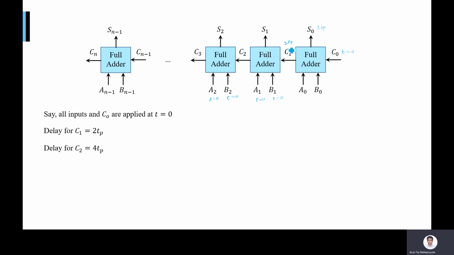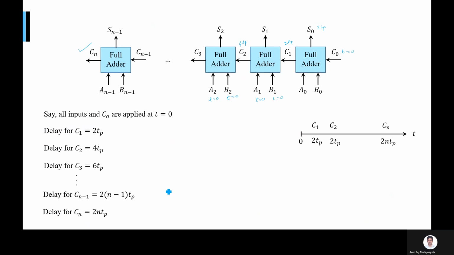So now carry came after 2 TP. So the next carry will come out from this full adder at 4 TP. Whatever is 2 TP, you add that to its own delay, right? So 4 TP will be C2, delay for C3 will be 6 TP, and so on. So delay for Cn therefore will be 2n TP. That much time will be taken for the carry to come out. So this is the timeline. You start from 0, Cn comes at 2n TP.